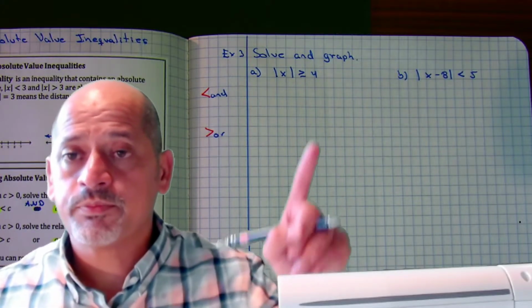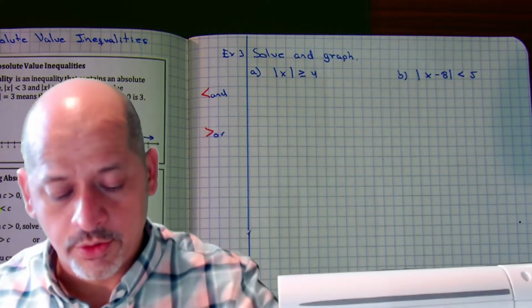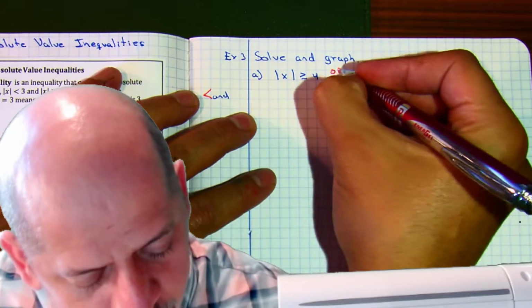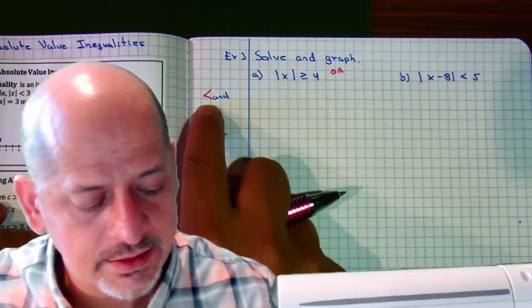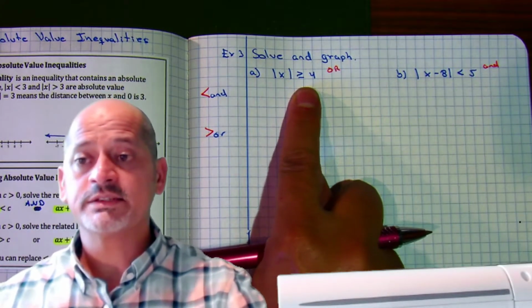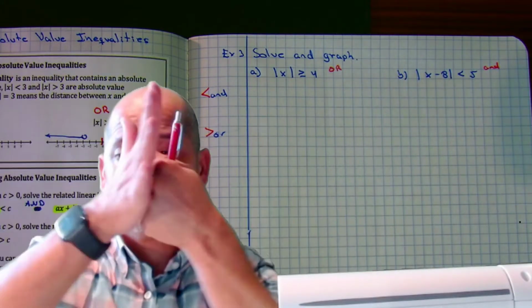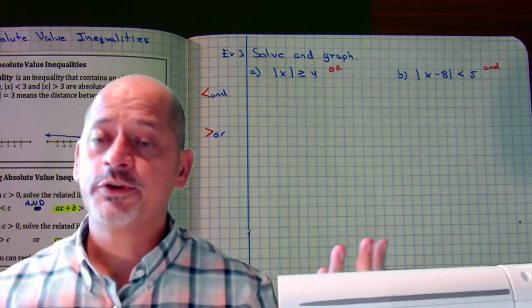So this one is an or. You need to memorize that for the test. And this was less than, that's an and. So therefore, when I graph an or, it should be going away from each other. And when I graph an and, it should be crashing.